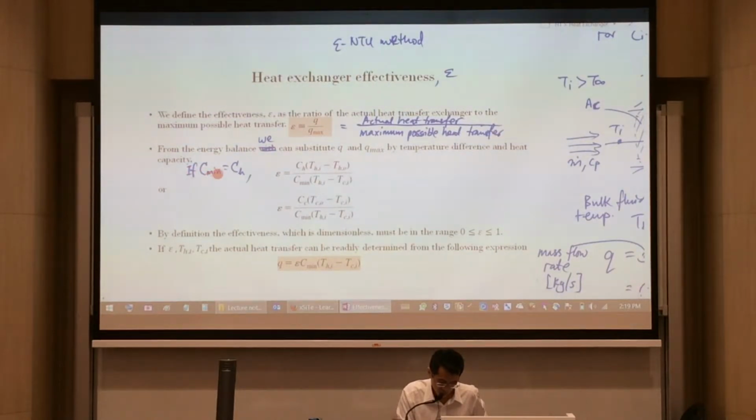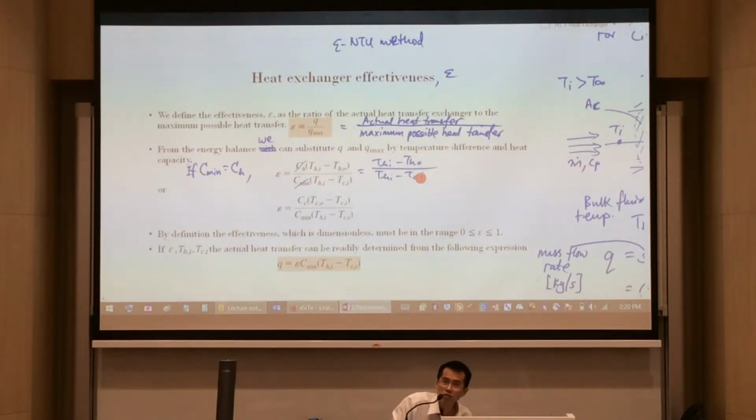Now, if C min is equal to CH, that means these two terms could cancel out. And what you're going to get will be THI minus THO divided by THI minus TCI. You only look at this set of effectiveness equation if your C min is your CH.